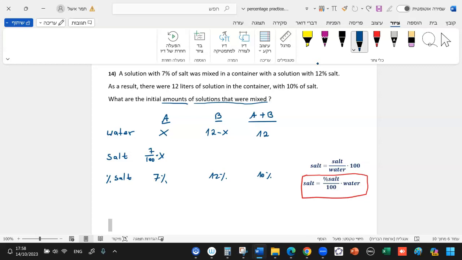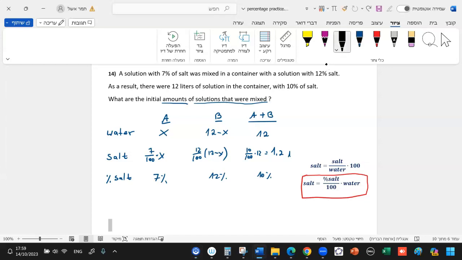And in solution B, we can write 12 over 100 from 12 minus X is salt. And when we mix them together, we have 10% out of the 12 liters is salt. So we do 10% of 12. This is 1.2 liters.